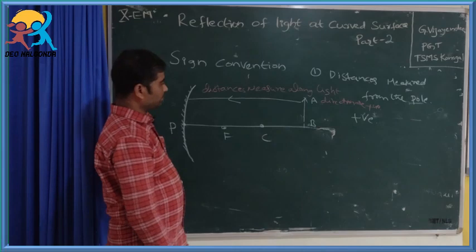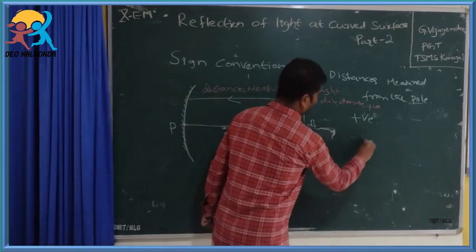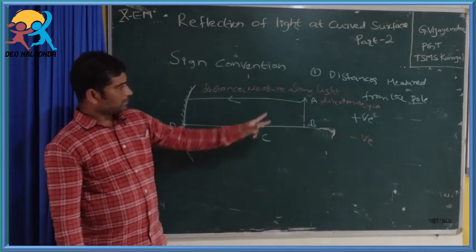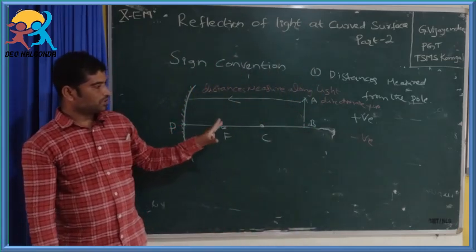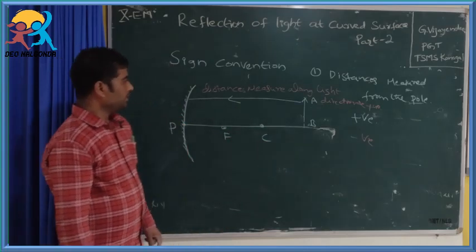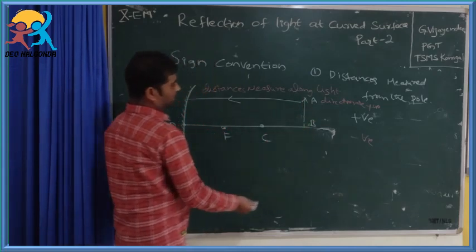If the distances are measured opposite to the light direction, they are taken as negative.